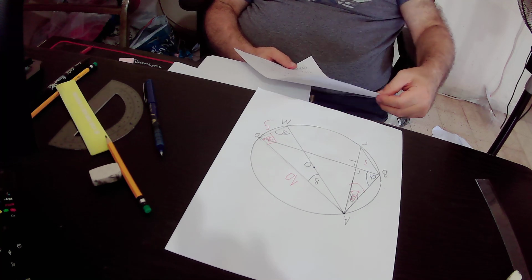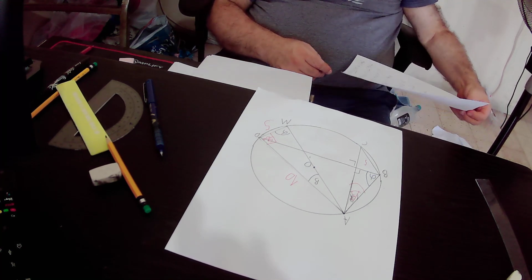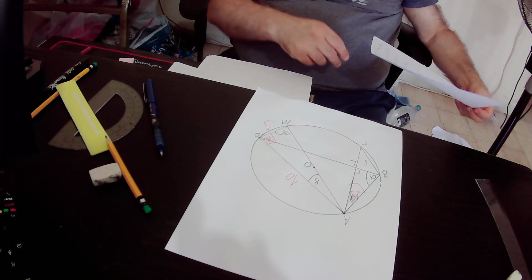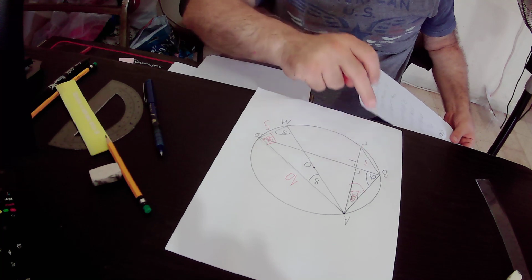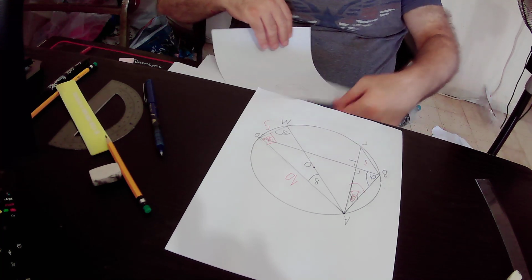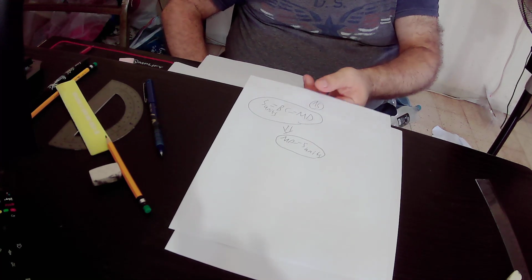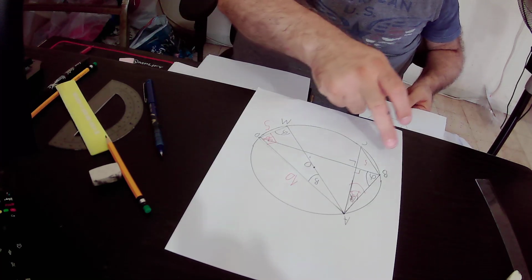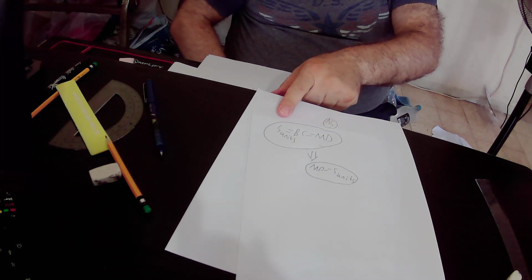So we know that BC equals MD, but it is given in the question that BC equals 5 units. According to rule number 3, BC equals MD, and BC equals 5 units.